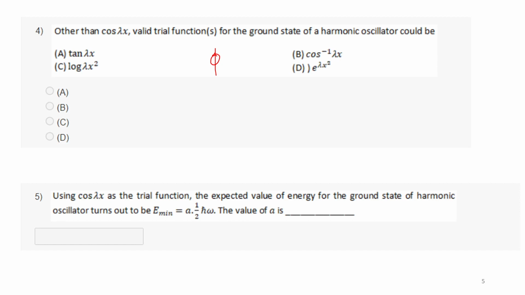So the lambda value should be such that we vary the lambda parameter in such a way that eventually the wave function will be valid. Cos lambda x also doesn't end, right? But lambda is the variational parameter. So when we vary the variational parameter and check the energy at each step, we will see that at a certain value of lambda, the energy will be close to the physical system.